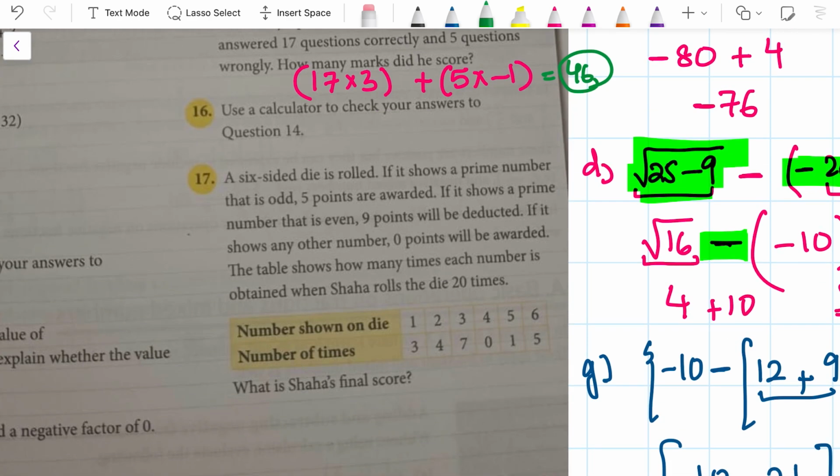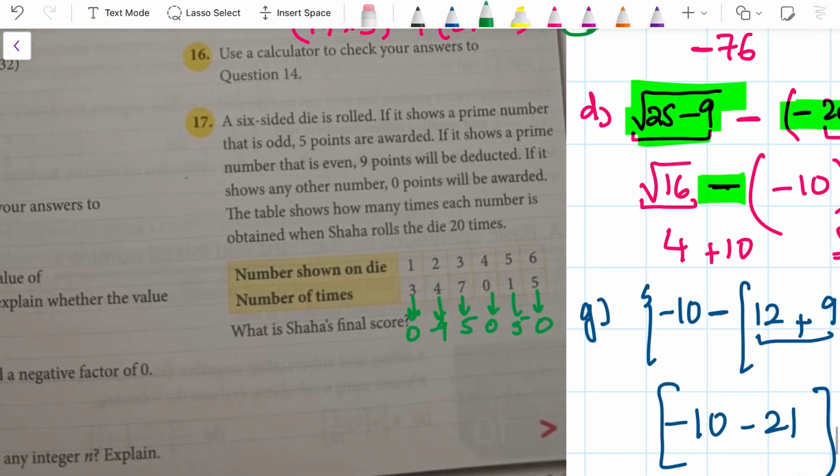If it shows a prime number that is odd, 5 points are awarded. If it shows a prime number that is even, 9 points are deducted, minus 9. If it shows any other number, 0 points will be awarded.